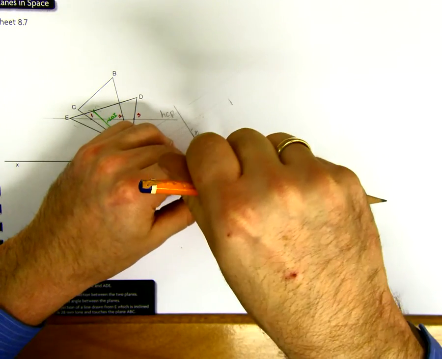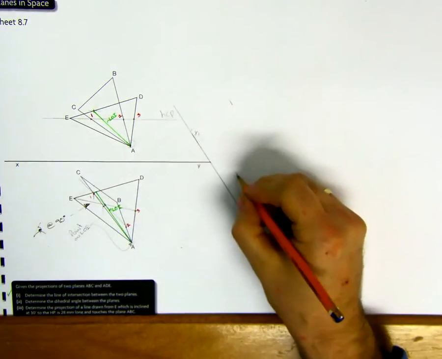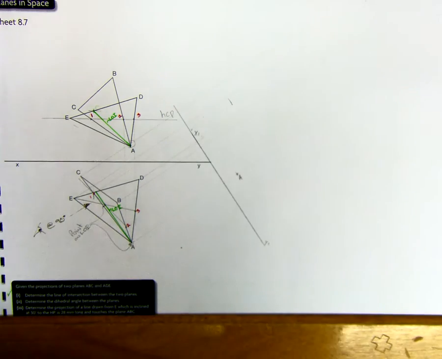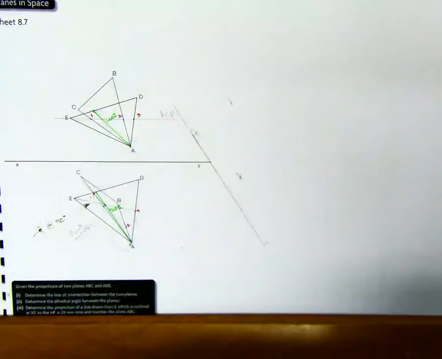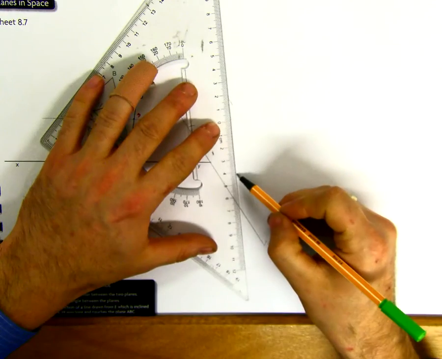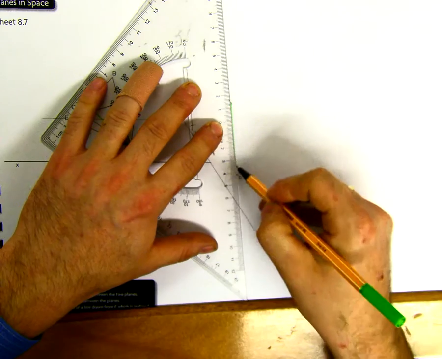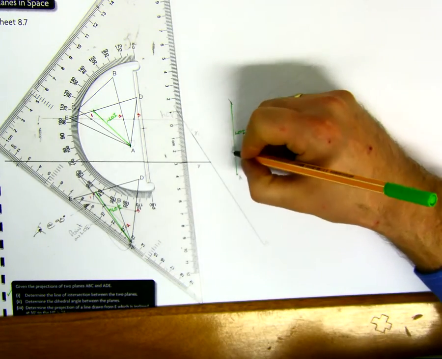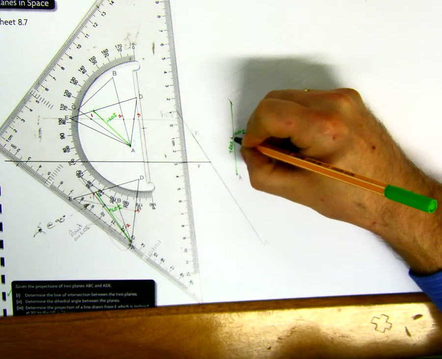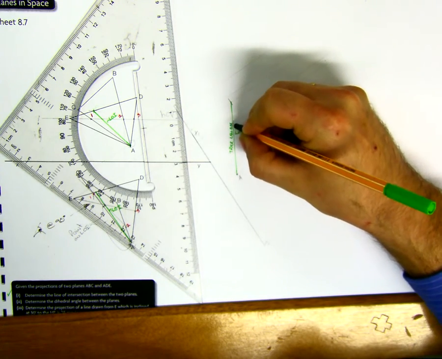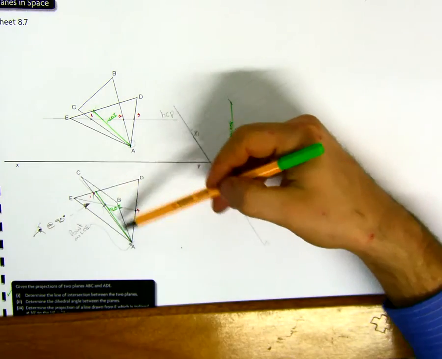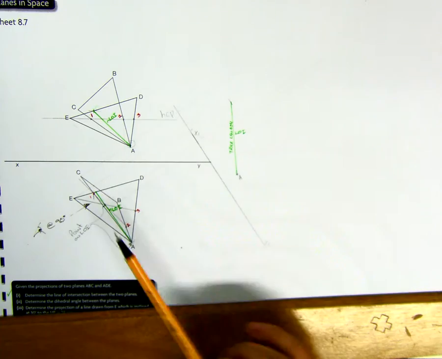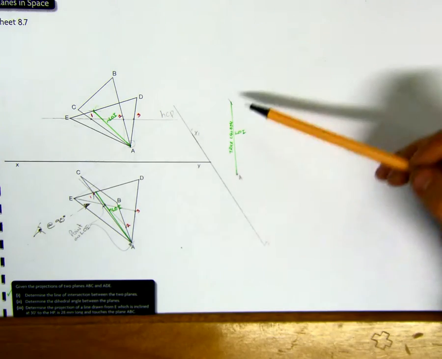A. So that's point A. And there's our line of intersection from here to here. This is our line of intersection, but it's also a true length, because any line that is parallel to the XY line is a true length in the opposite view. So you can see the line of intersection is parallel here, so it's a true length in this view.